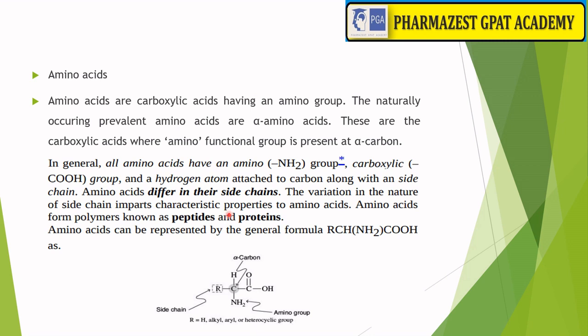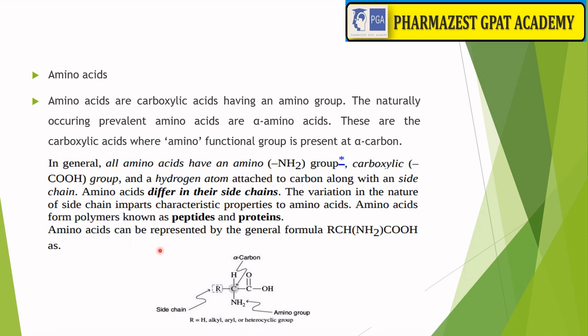Amino acids form polymers known as peptides and proteins. That is, the attachment of different amino acids results in the formation of a long chain of amino acids, which are nothing but proteins and peptides.